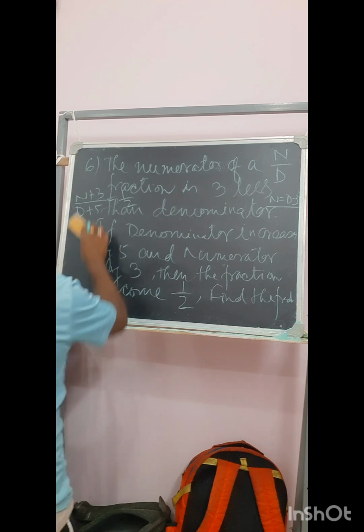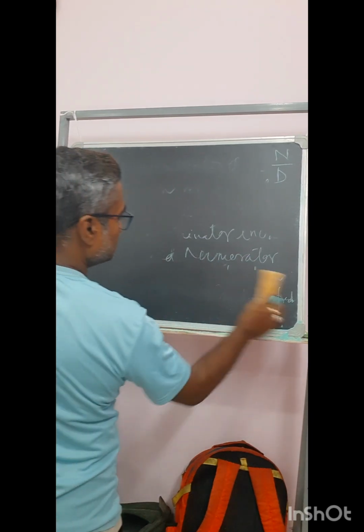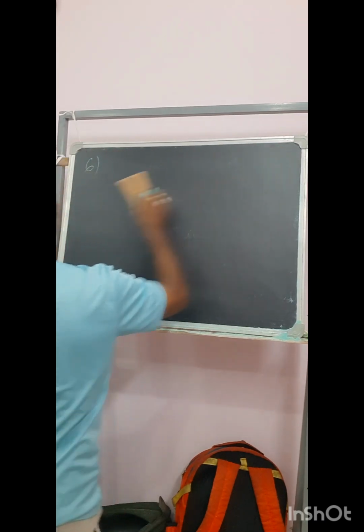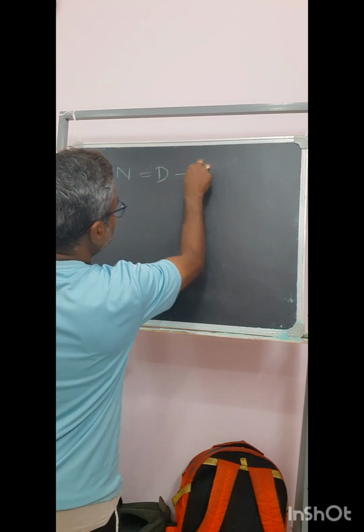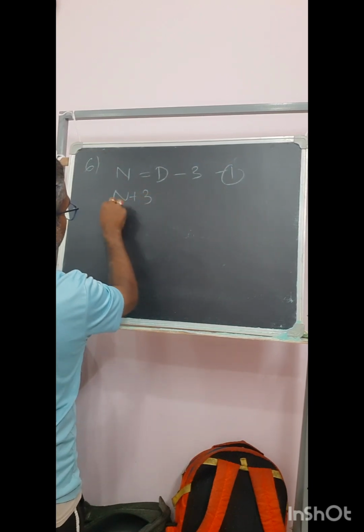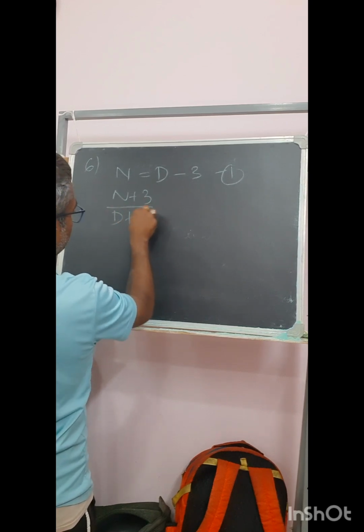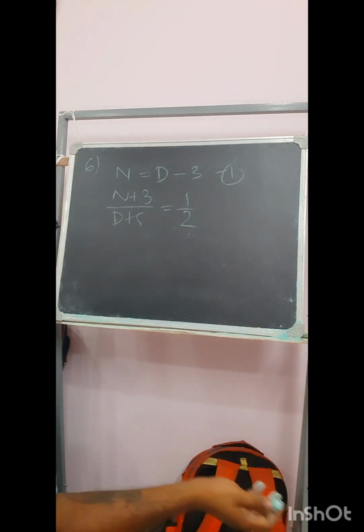This is the second equation, and the first equation is already given by the first condition. So the first equation is numerator equals denominator minus 3. The second equation is: if I add 3 to the numerator and 5 to the denominator, the fraction becomes half.